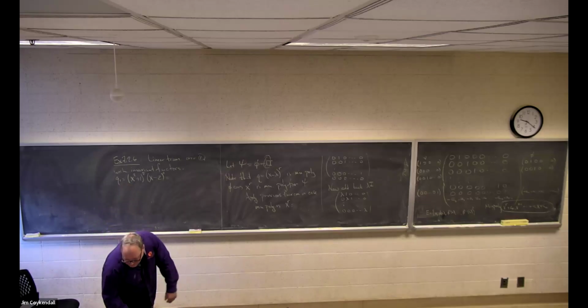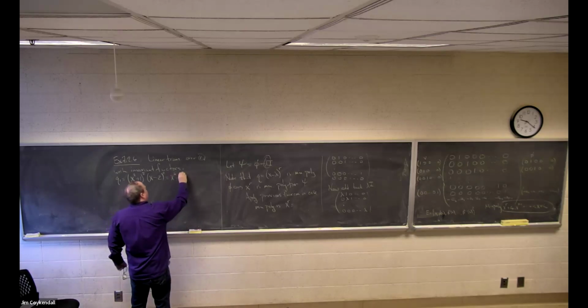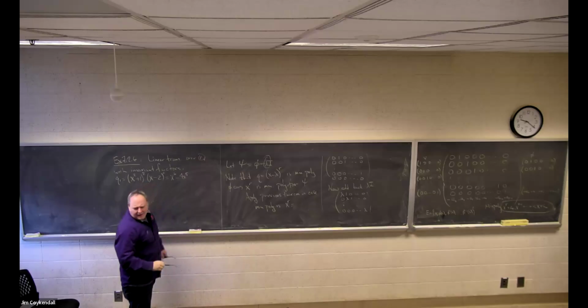And I've gone ahead and multiplied this out. This is x^6 minus 4x^5 plus 6x^4 minus 8x cubed.